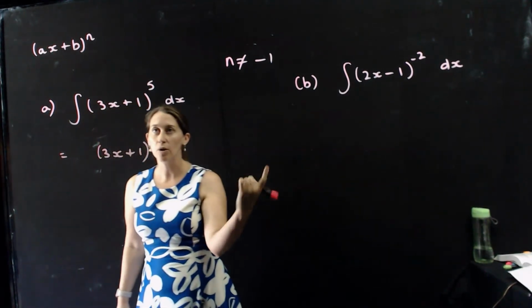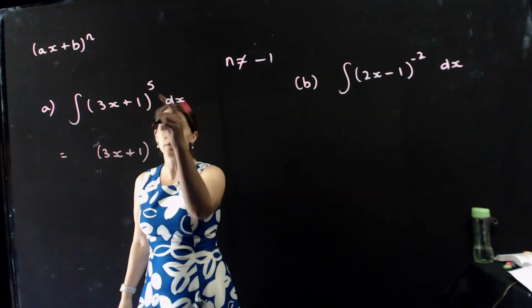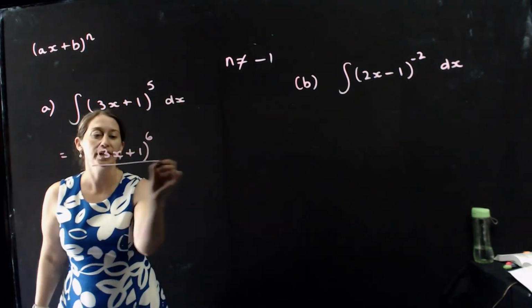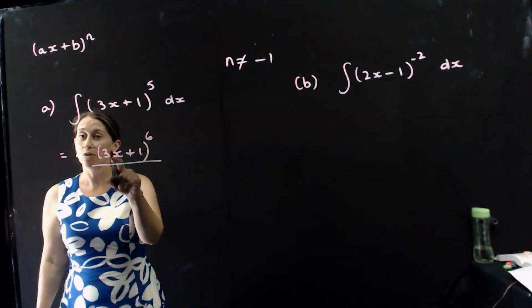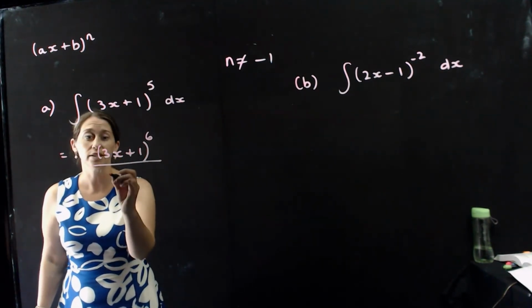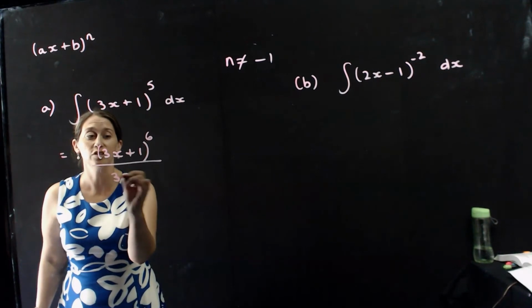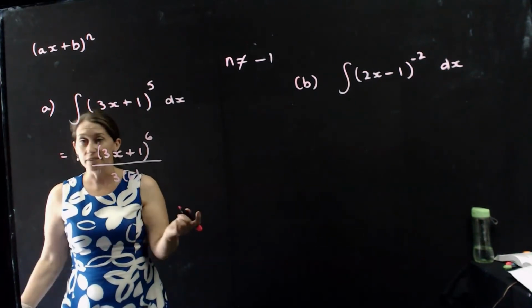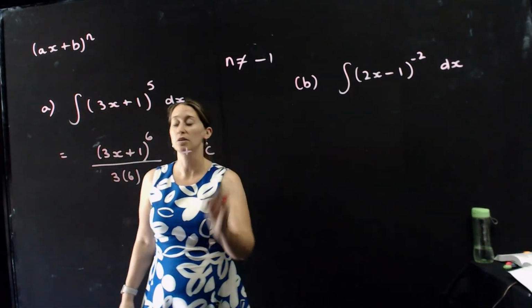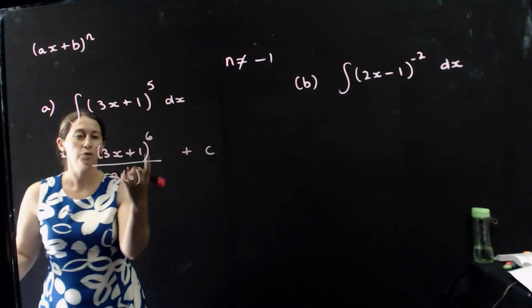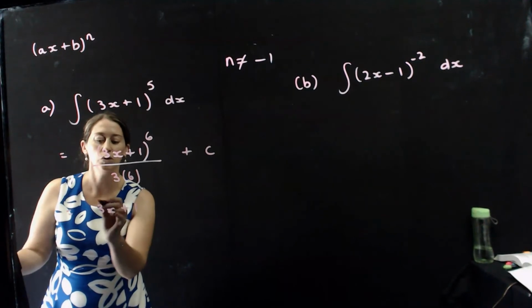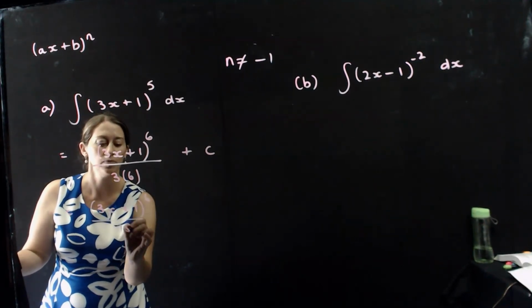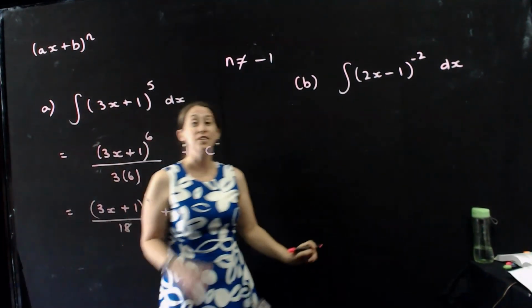I raise the power by 1, 5 plus 1 is 6, and then I divide by the new power multiplied by the derivative of this bracket here, which is 3. So I'm going to divide by 3 times 6, which is 18, and then I must remember to add the constant c. So therefore I get, tidying it up, (3x + 1) to the power 6 over 18, plus c.